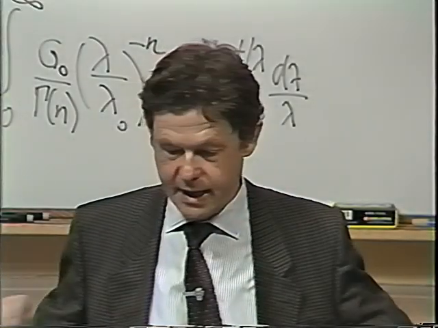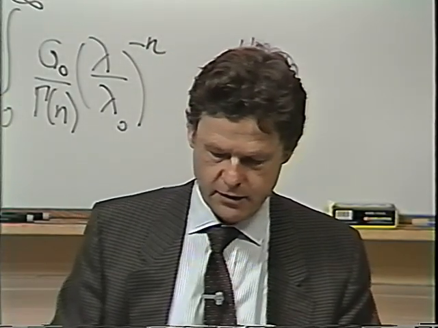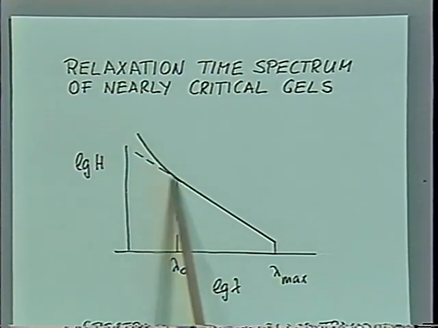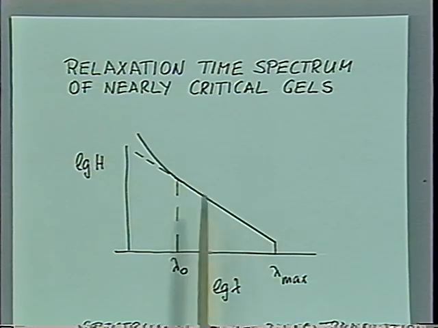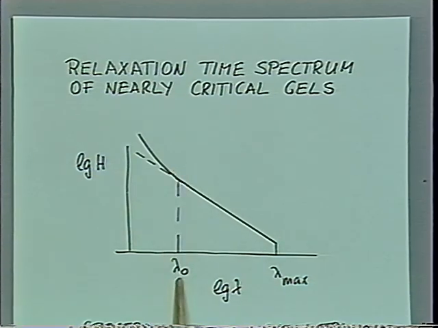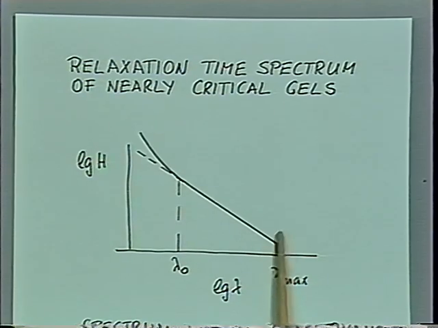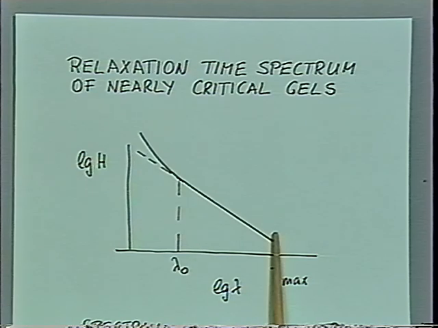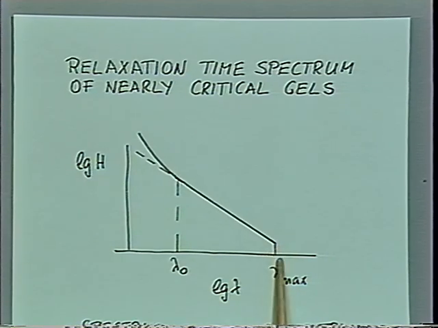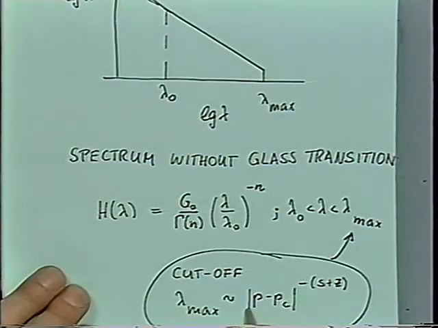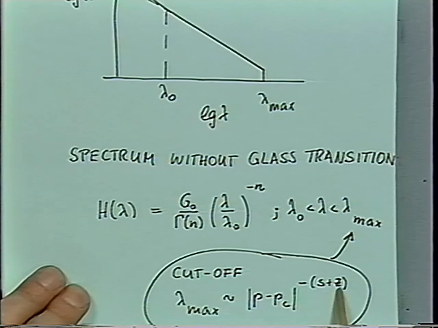We can write down the relaxation spectrum of a nearly critical gel. We could say it's, again, the same power law spectrum as before, which has a glass transition at lambda 0, but then it has an upper cutoff. The longest relaxation time is finite in the material near the gel point, but we know that this lambda max, this cutoff time, is given by the distance from the gel point with the critical exponent.